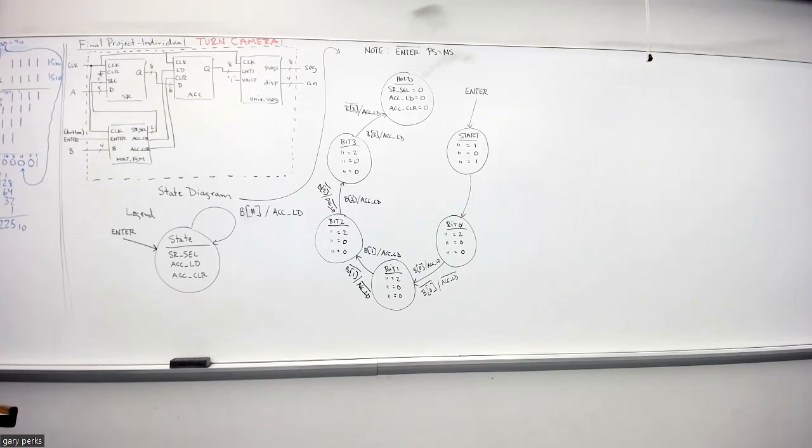Because what's option 3 going to do? It's going to shift right. And what kind of operation happens if you shift right? Yeah, it's a divide by 2, and this is a multiplier. So you can bet we're not going to ever have that select line equal to 3 if we're multiplying. But there could be a case when you want to use this to divide, maybe for your team project.